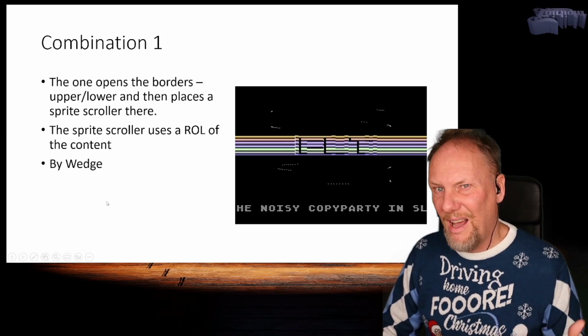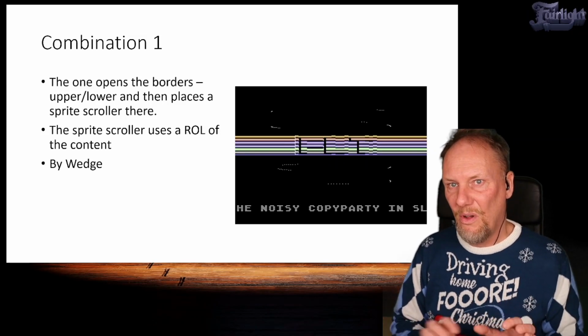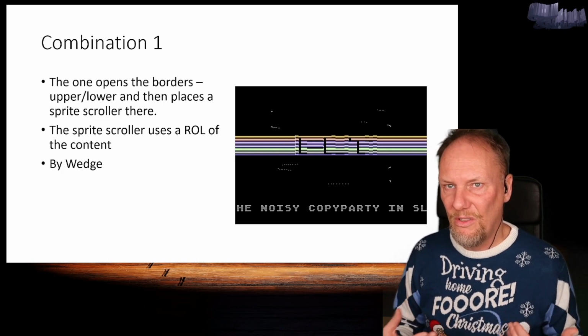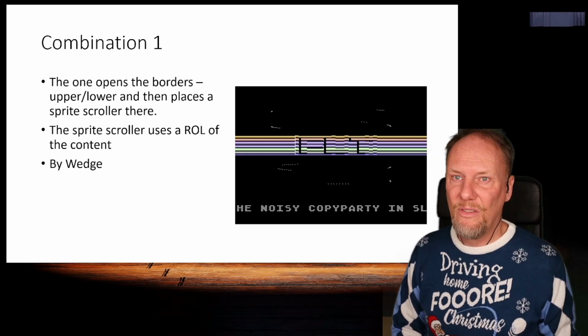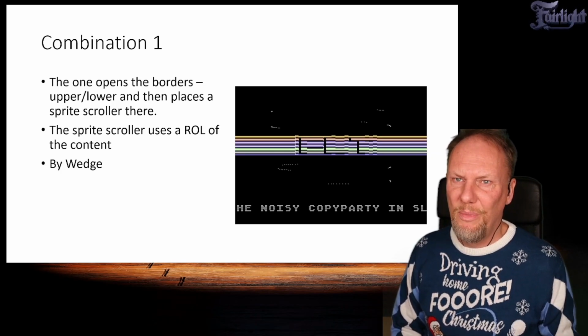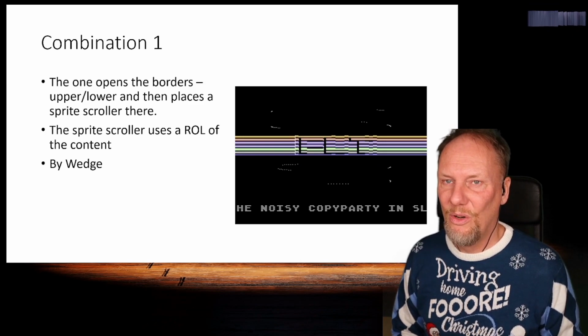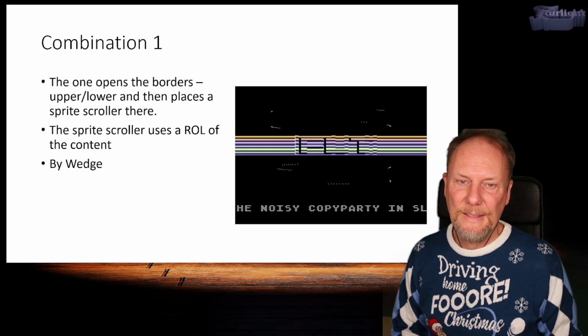And you can see it also had a bit of a fancy effect where the scroll wouldn't just be a flat scroll. You could scroll segments of the scroll and all of that. But those are extras on top of a standard sprite scroll, or any scroll for that matter. It would be very difficult to do that without shifting content. You couldn't do it using a normal character scroll.